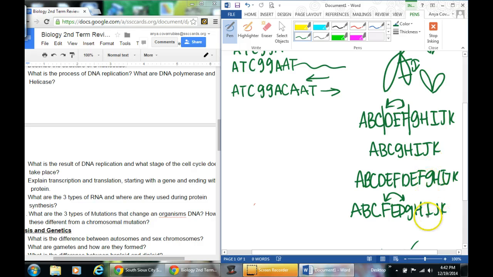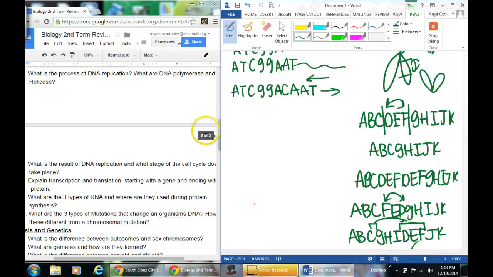So deleted, duplicated, inversion, and then the third one, translocation, might be like A, B, C, and then we go G, H, I, and then the D, E, F comes in, and then we have J, K at the end. So this part was translocated from here over to there.